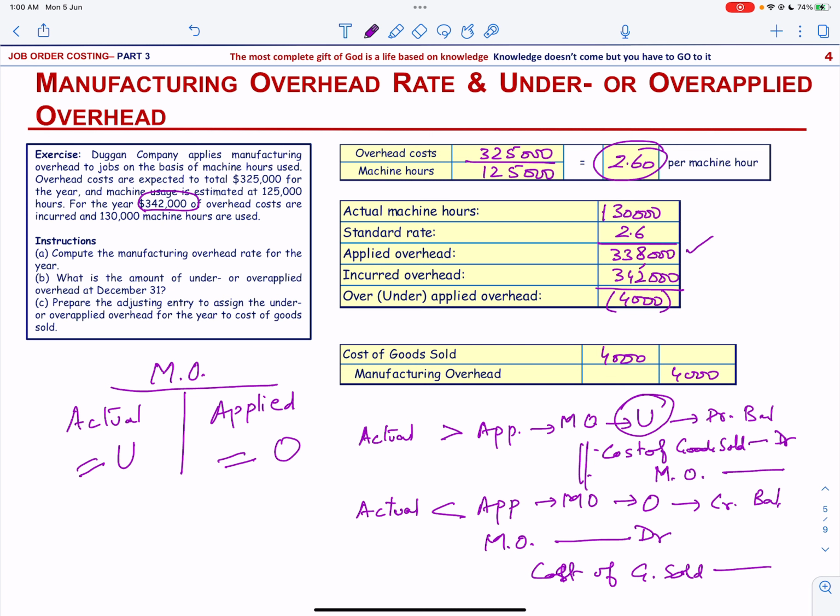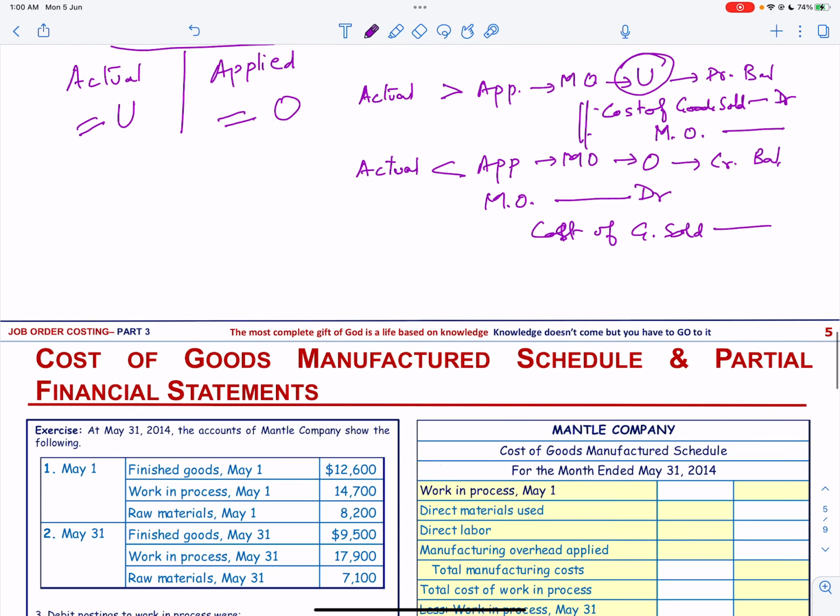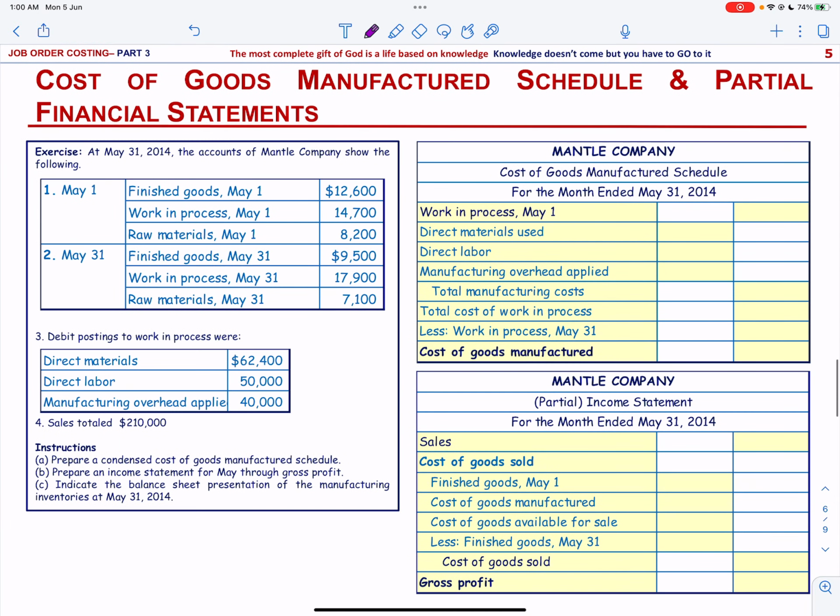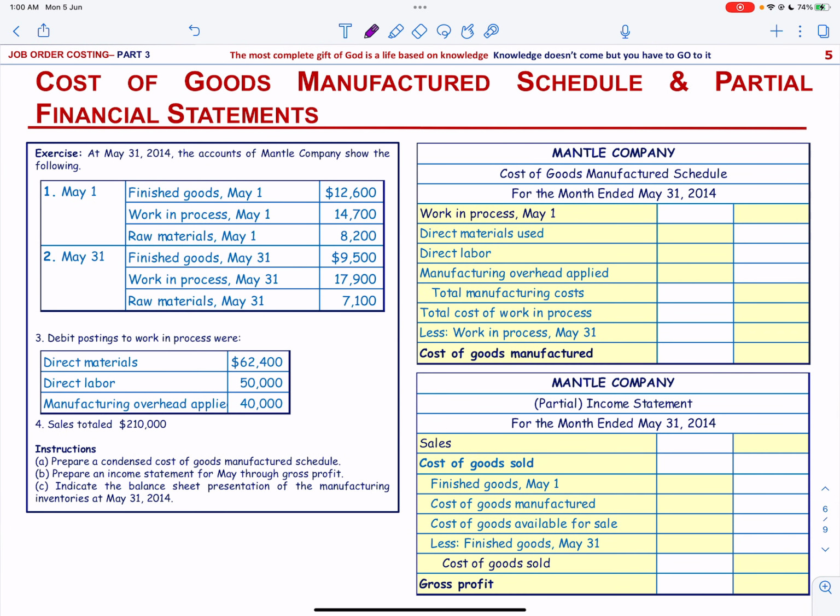Next, let us explain how to prepare a cost of goods manufactured schedule and partial financial statement. Now, at May 31st, the account of Mental Company shows the following. We have the balances on May 1st and May 31st.